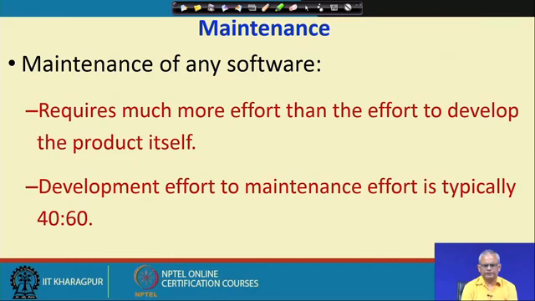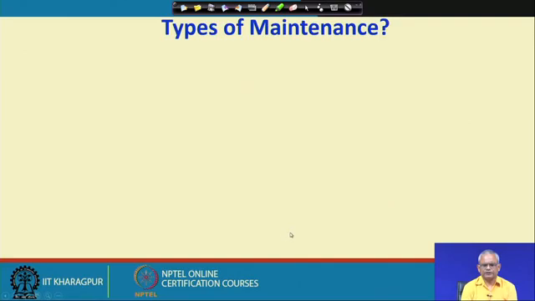The lifetime of the software is large, the development time is only a small fraction of the lifetime, and typically the effort for maintenance is much more, and the development effort to maintenance effort is typically 40 to 60, that is 40% development effort and 60% maintenance effort.